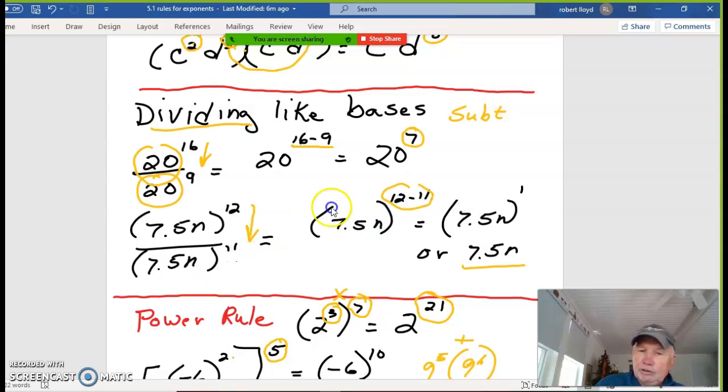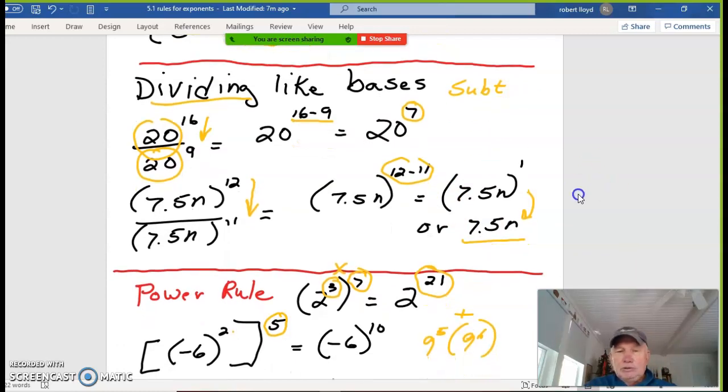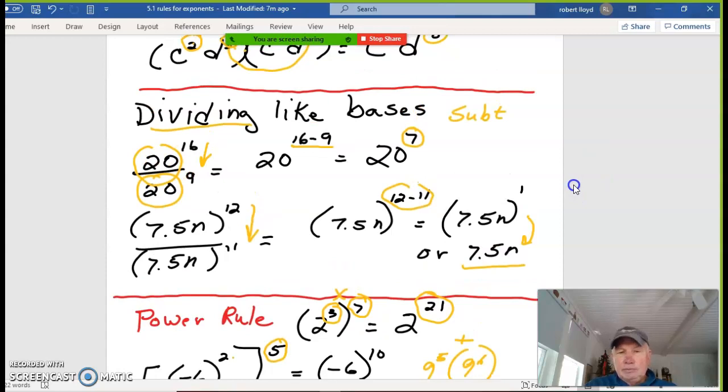So 12 minus the 11 going from the top down. We have 7.5n, that quantity, to the first power, which is the same as just 7.5n. So when you multiply like bases with exponents, you add them. When you divide like bases with exponents, you subtract them.